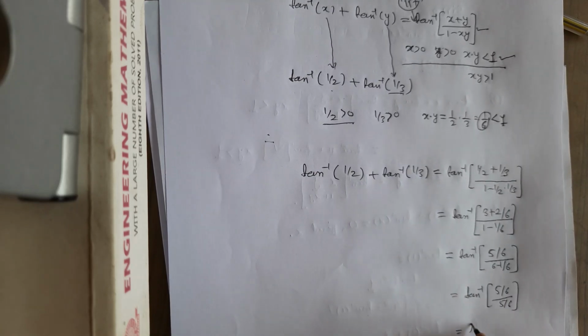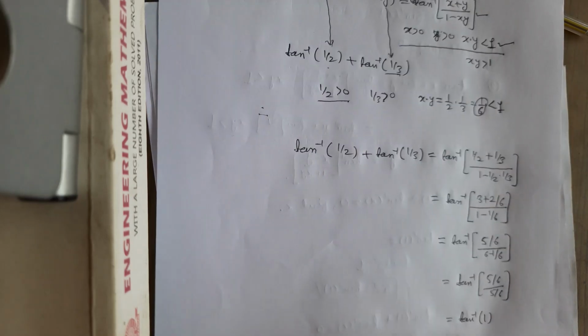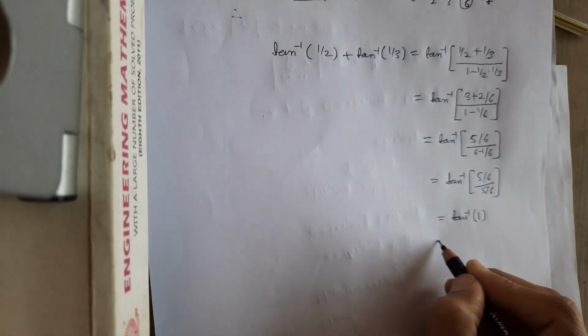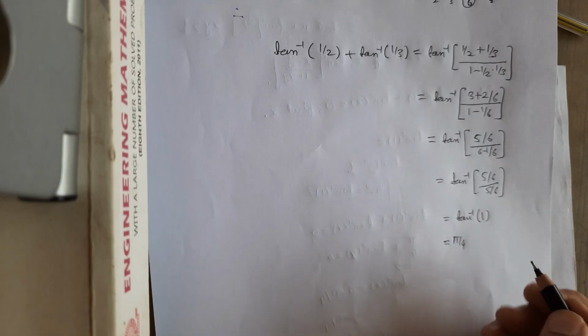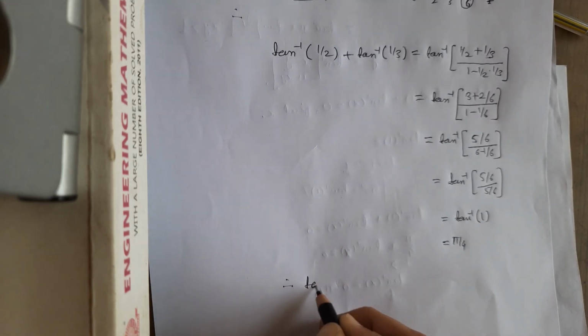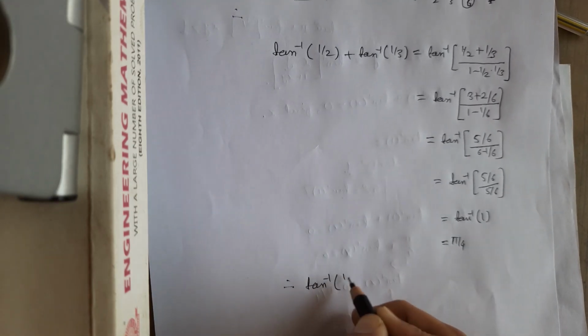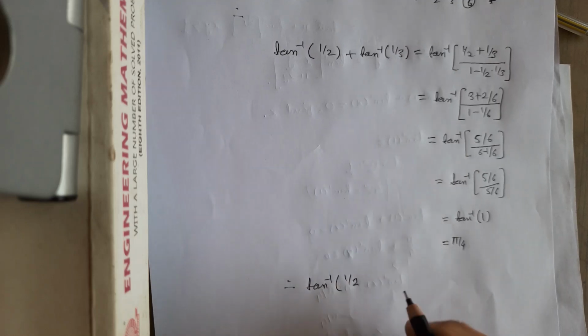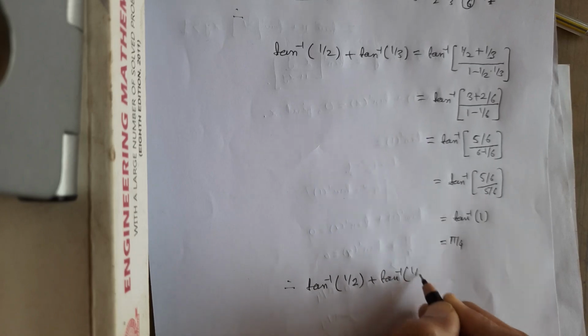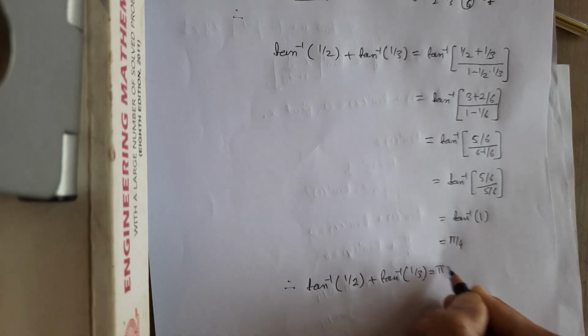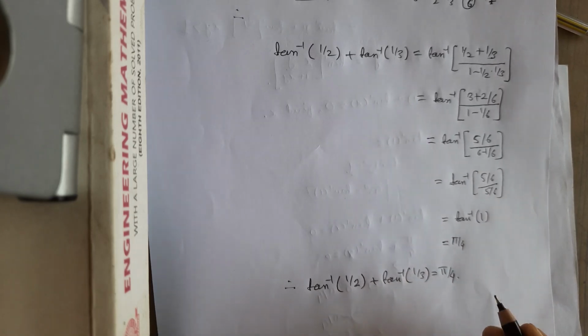This cancels, so tan inverse of 1. The value of tan inverse of 1 is pi by 4 or 45 degrees. So that's how I found that tan inverse of 1 by 2 plus tan inverse of 1 by 3 equals pi by 4.